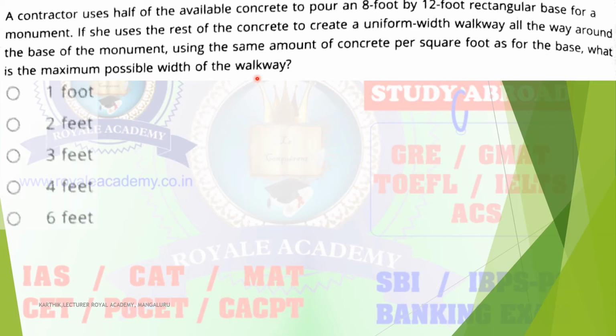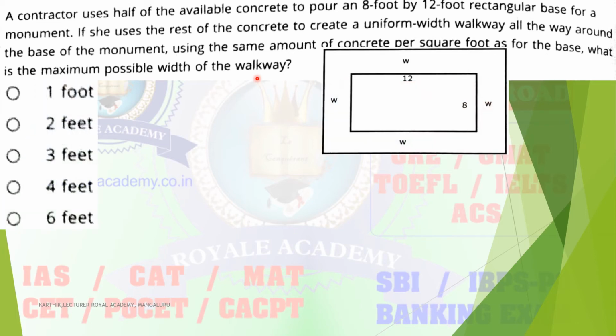So how to determine? So actually 8 feet by 12 feet. Okay, so this is actually the concrete pour. So what is given in the question? A contractor uses half of the available concrete to pour an 8-foot by 12-foot rectangular base of the monument.